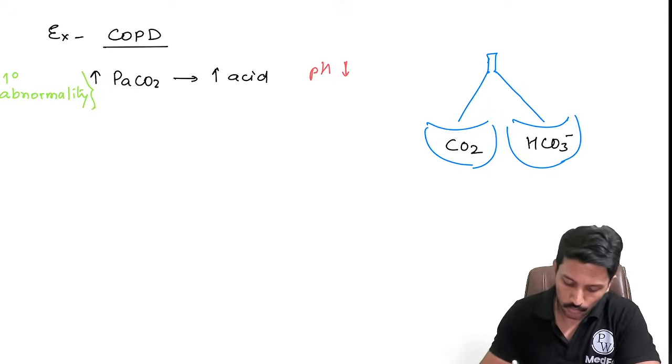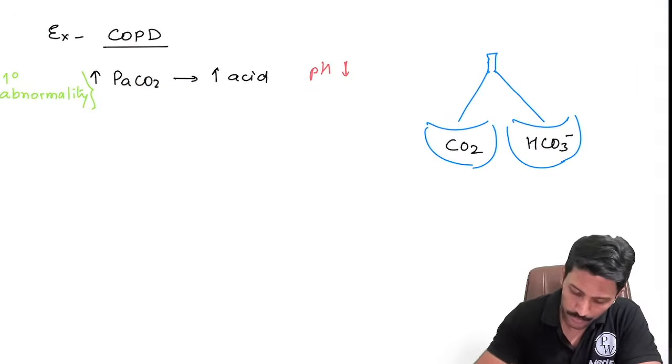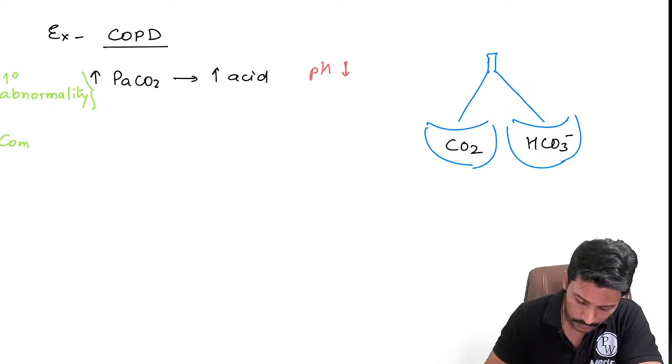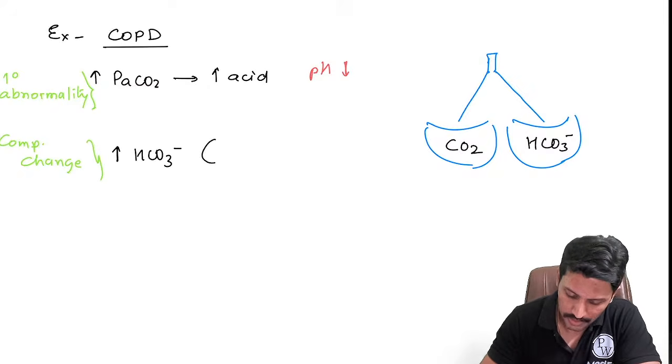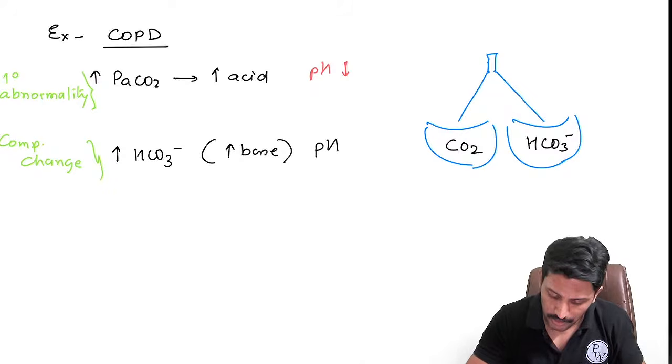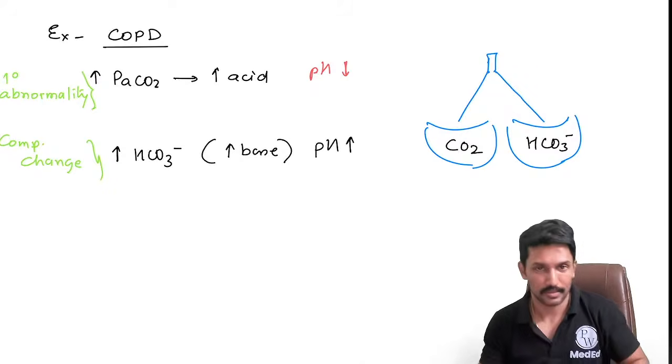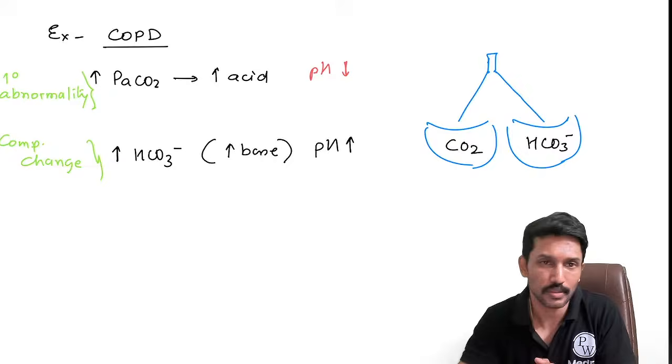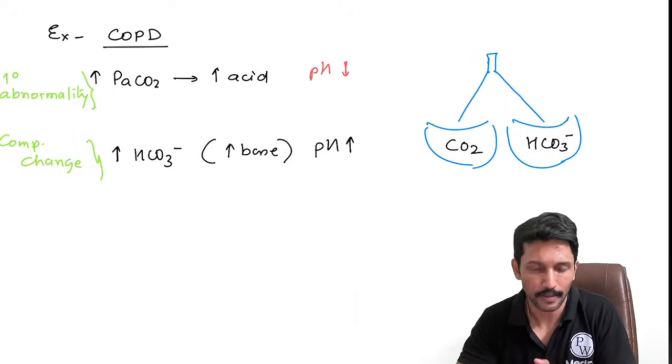So if PaCO2 is increasing, as a compensatory change I have to increase HCO3 minus. So that is basically trying to increase the base. By increasing the base, pH can now be increased. So I can tilt the pH towards normalcy, right?